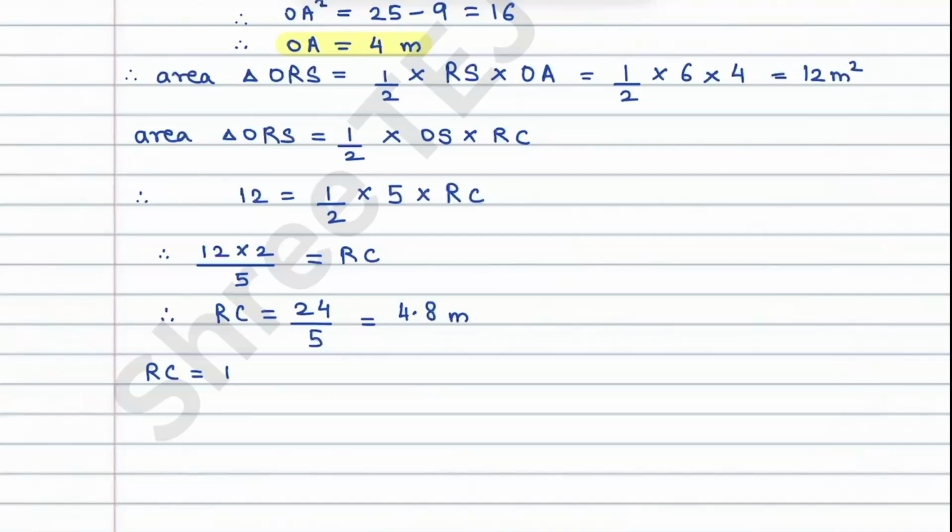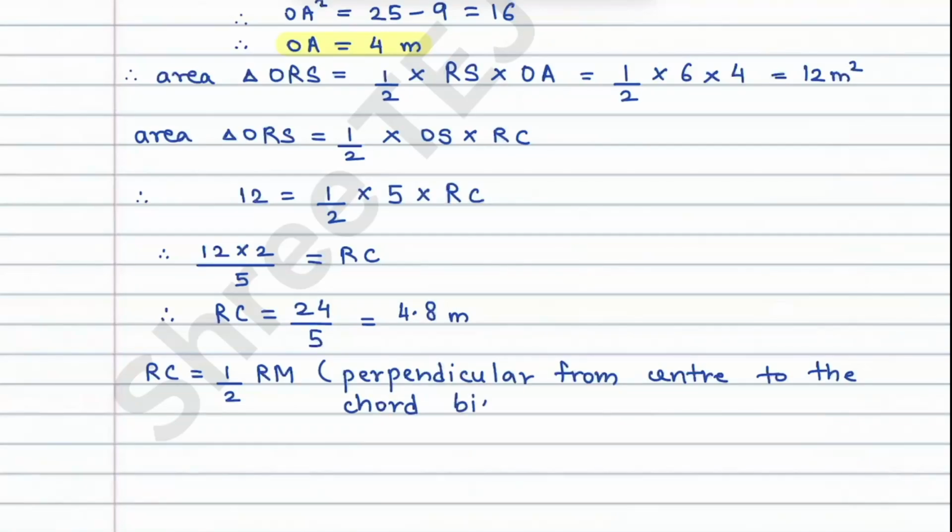RC will be half of RM. Reason: perpendicular from center to the chord bisects the chord.